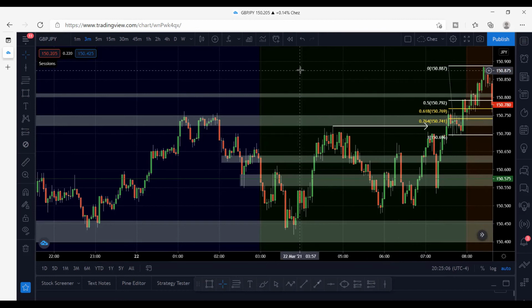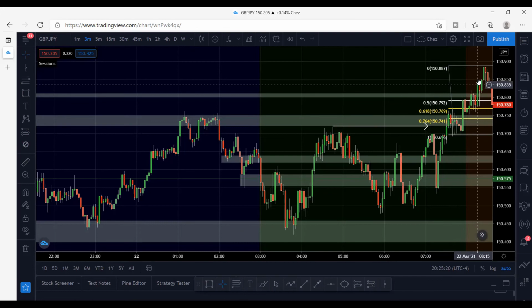Small candles like these here are less momentum. Price is moving up more impulsively right here. The candles are bigger, but the red candles are smaller. So you have more momentum to the upside than to the downside.